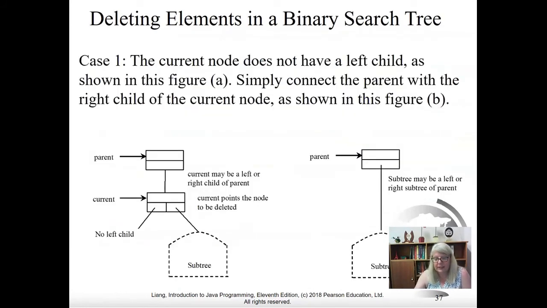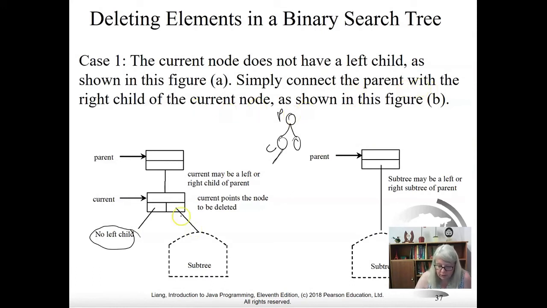Case 1. The current node, the one I want to delete, does not have a left child. No left child, as shown in figure 8. And then, if there's no left child, you simply connect the parent with the right child of the node.